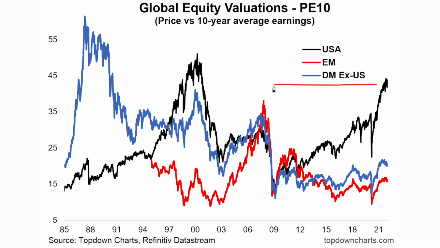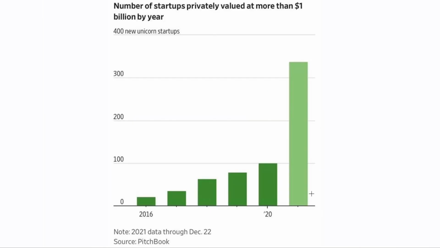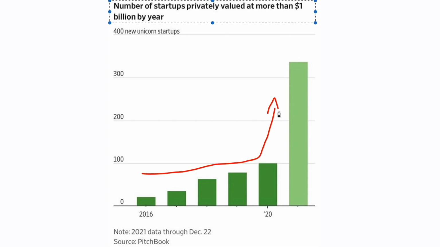US stocks are very close to dot-com bubble valuations, and there's just a general feeling of euphoria in the market, right? With the number of startups privately valued at more than $1 billion in 2021, it tripled from 2020, clearly showing that there's excess in the system over the past couple of years, excess liquidity leading to abnormal market behavior, right?